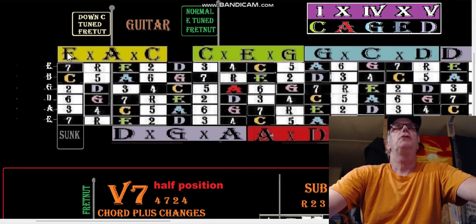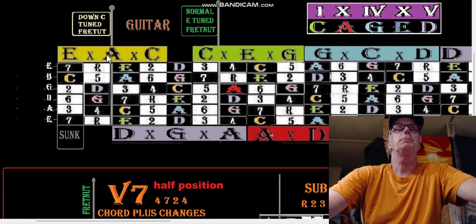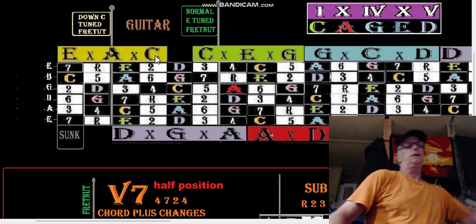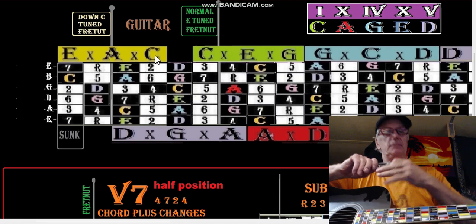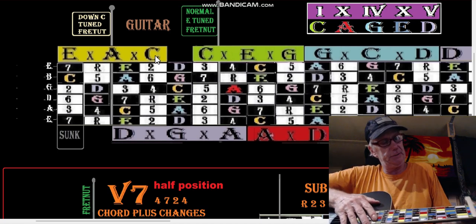Okay, in the tri-pentatonic we have an E shape, an A shape, and a C shape. With your guitar it would be up here.